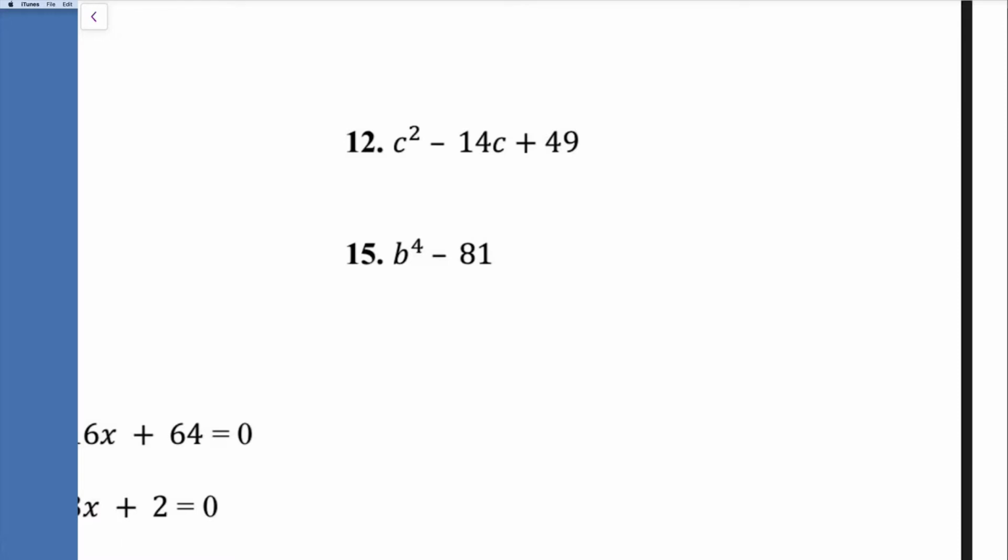Another really tricky one. I noticed that there's only two terms that have the variable, so I can't use the variable to factor out. And this coefficient is 1, this one's 14, and this one's 49. These two have 7 in common, but this one does not, so I can't really use that.